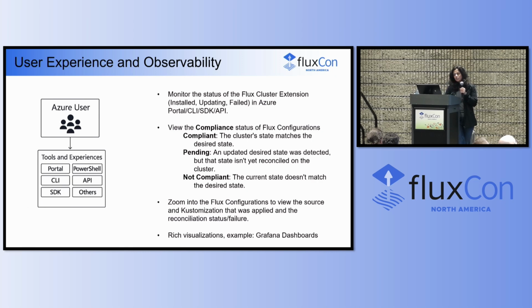Because of the bidirectional communication established with the agents on the controller, not only can you use these tools and experiences to set up Flux extensions and configurations, you can also use it to monitor the status of your cluster extension and the compliance status of the Flux configurations. You can further zoom into the Flux configurations to view the sources and customizations that were applied and any top-level reconciliation status and failures.